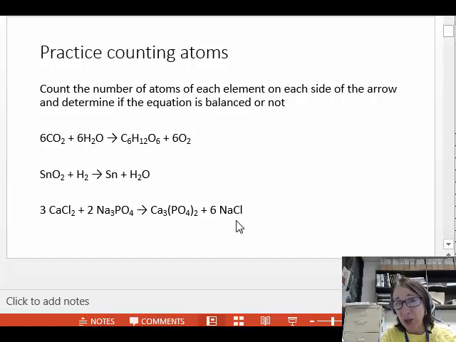Pause the video to determine if these equations are balanced.